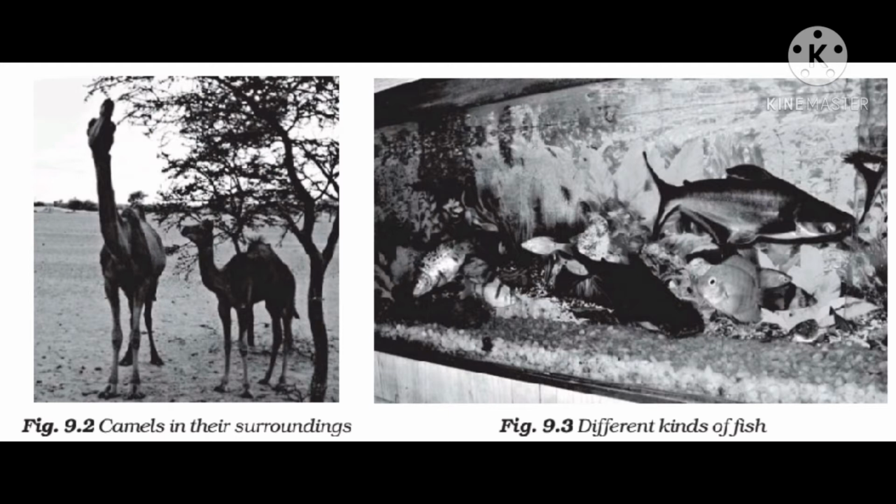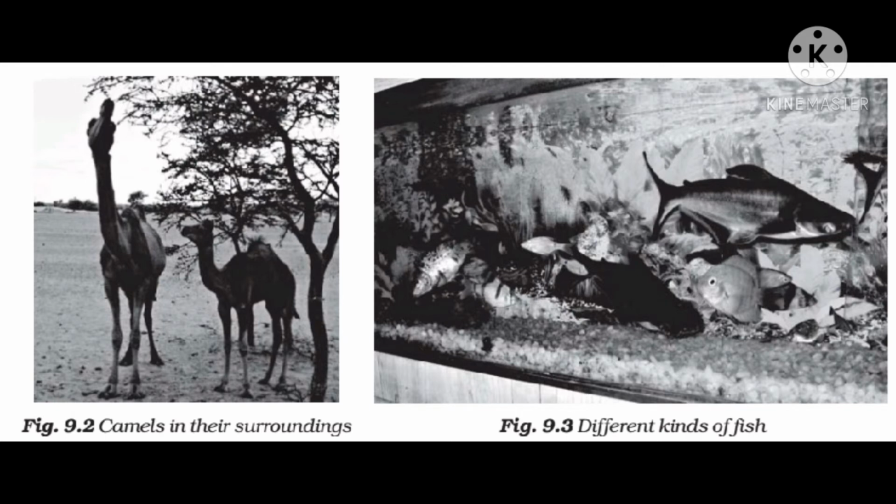The presence of specific features or certain habits which enable an organism to live naturally in a place is called adaptation. Adaptation of organisms differs depending on their place of dwelling. That is why a fish cannot live out of water and a camel cannot live in sea. The place where organisms live is called habitat.